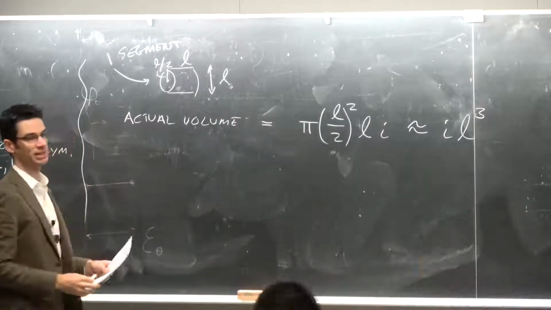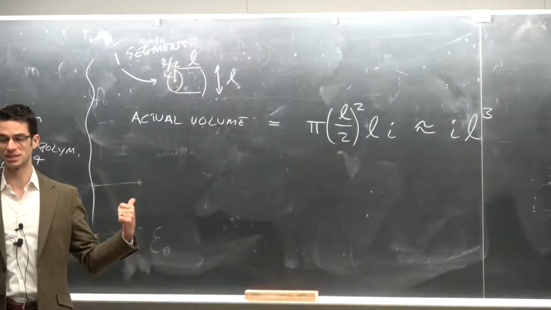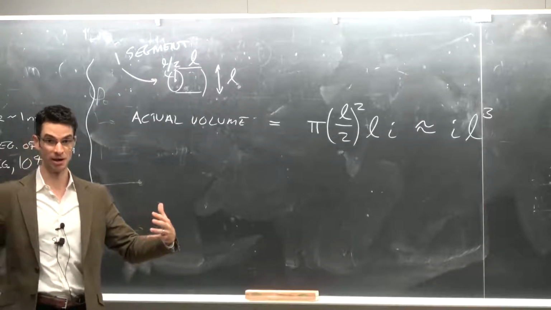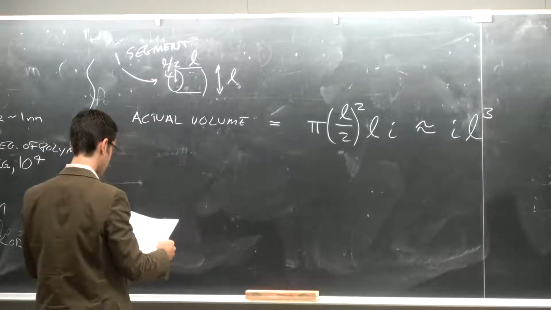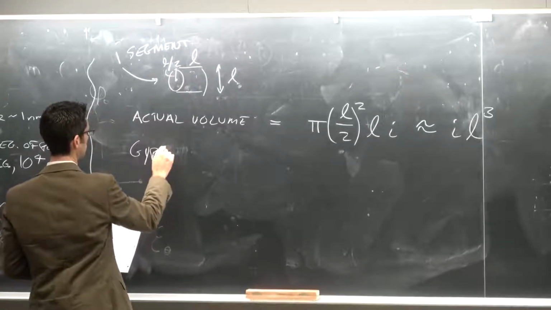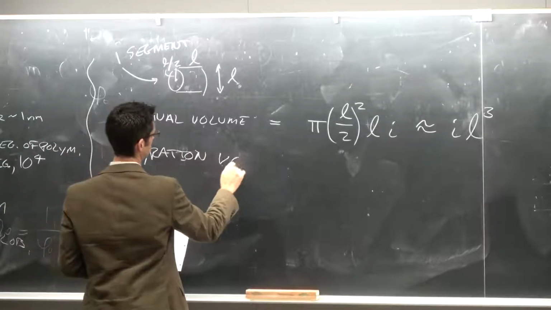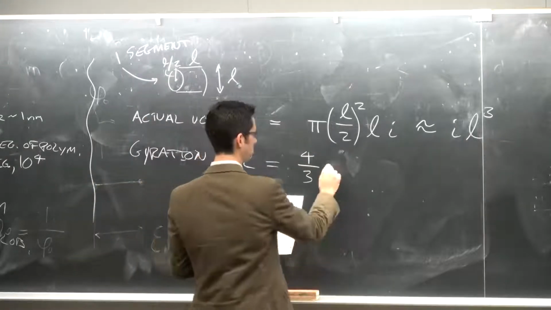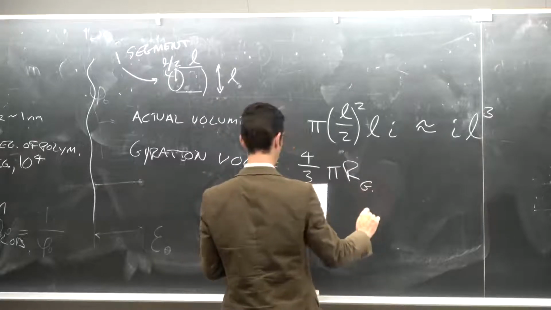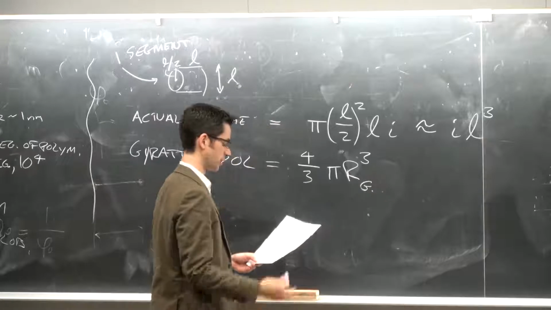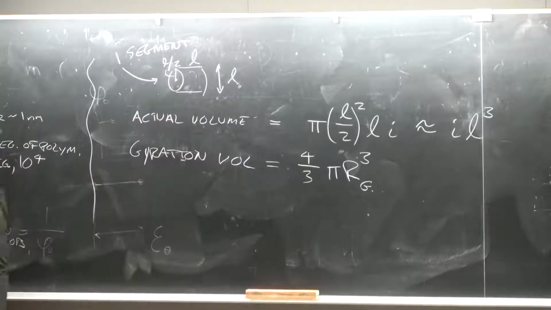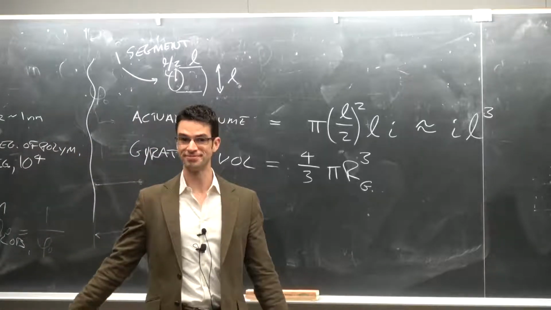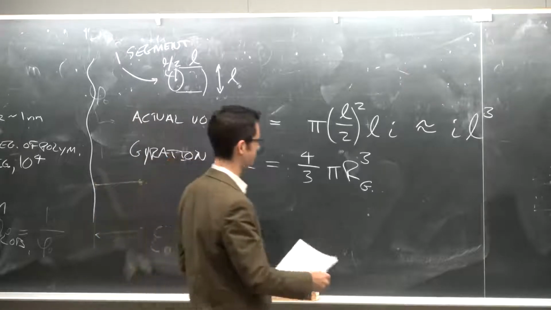And the gyration volume is different from the actual volume because it's sort of like the three-dimensional footprint of this gyrating blob of monomer residues. So the gyration volume is 4/3 pi radius of gyration cubed, assuming that this is more or less approximatable as a sphere, as we like to do as engineers, approximate things as spheres.